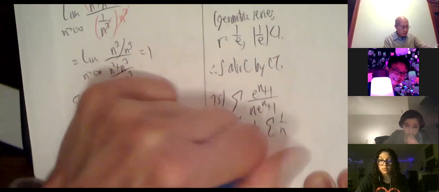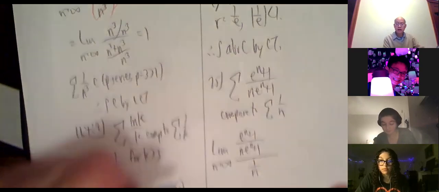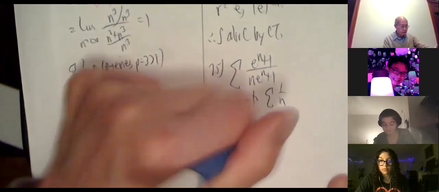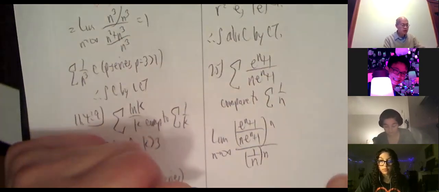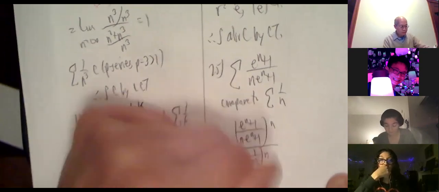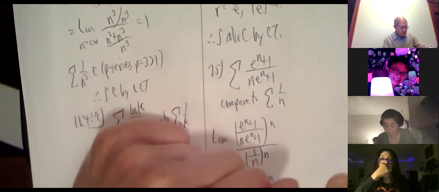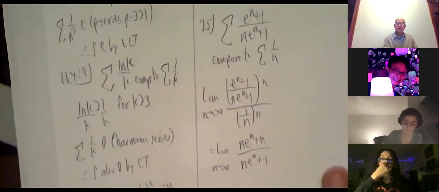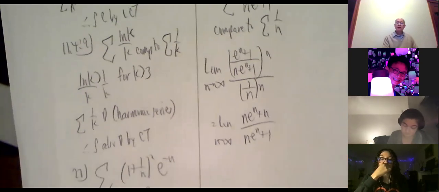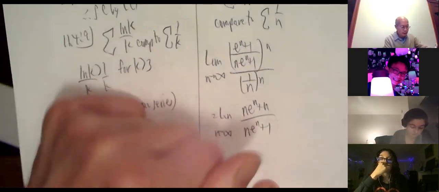E to the n plus 1 over n e to the n plus 1, divided by 1 over n. Multiply top and bottom by n. So limit as n approaches infinity of n e to the n plus n over n e to the n plus 1. You can do L'Hopital's rule or divide top and bottom by n e to the n. Let's do that.